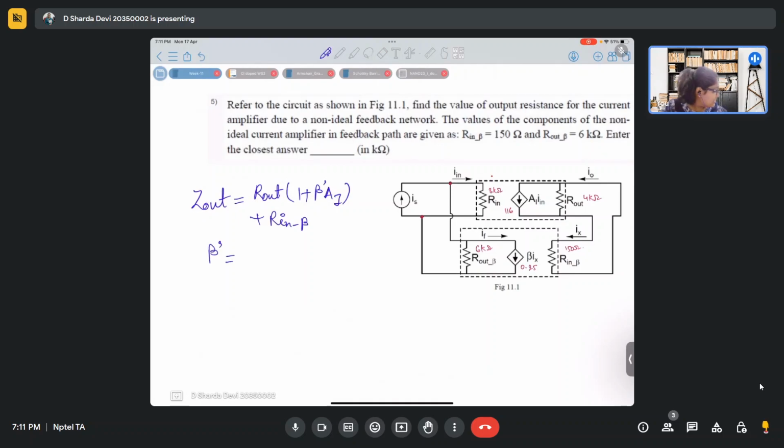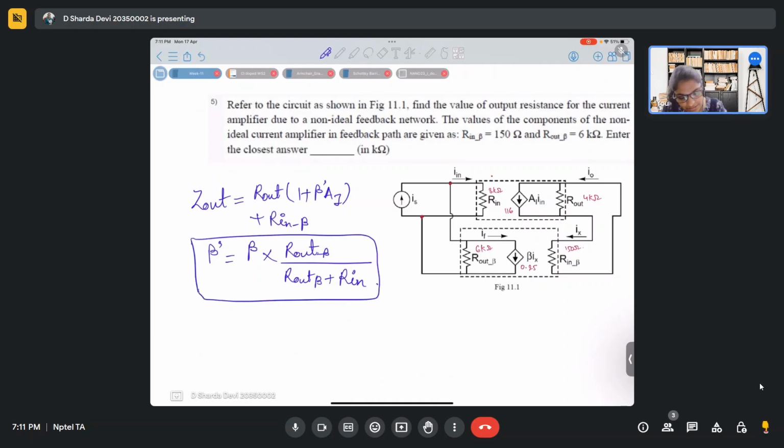So beta dash is actually beta into R out beta upon R out beta plus R in. So this is the formula for beta dash and this is the formula for Z out.